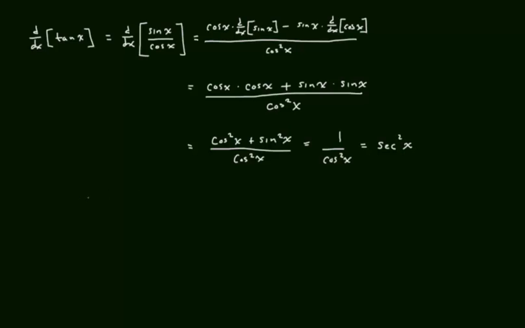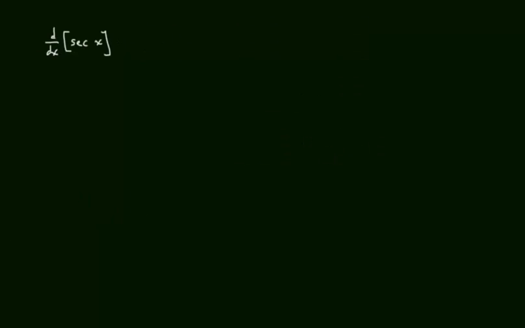So there it is. The derivative of tangent of x is equal to the secant squared of x. And I'd like to do one more derivation. The derivative of secant of x.